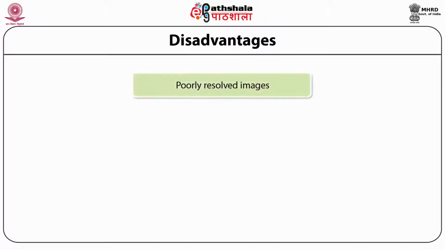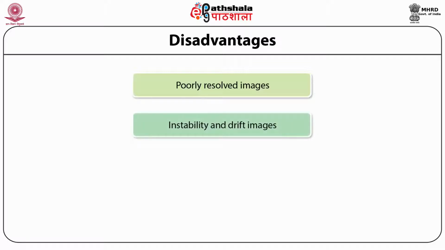One, the instrumentation is such that it cannot give you very sharp and resolved images. It gives you poorly resolved images, and instability and drift, which are not very focused. These drift images will not give you very accurate results.